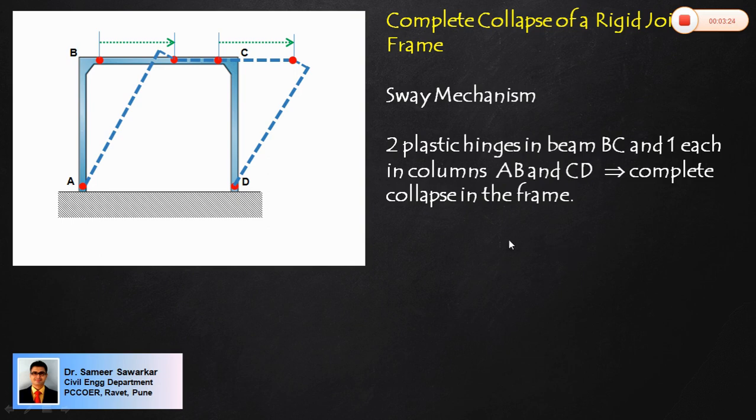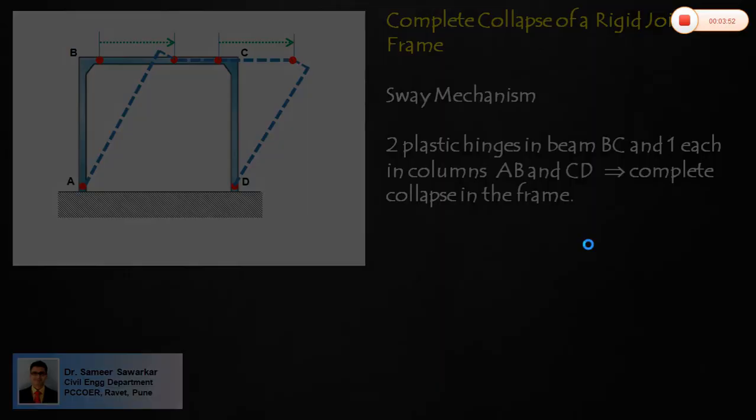So that is what we are writing: two plastic hinges in beam BC and one each in columns AB and CD, leading to complete collapse of the frame. So we have seen the beam mechanism, where three plastic hinges in a member cause it to collapse, and now we are seeing the sway mechanism, where four plastic hinges cause it to sway, leading to a complete collapse.